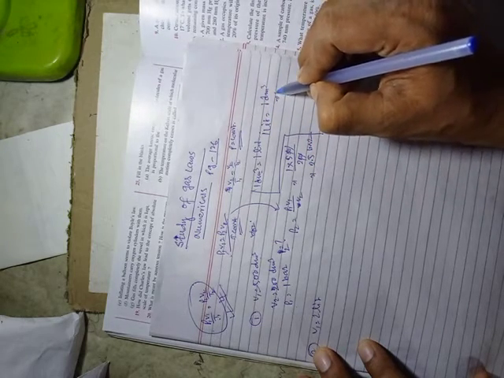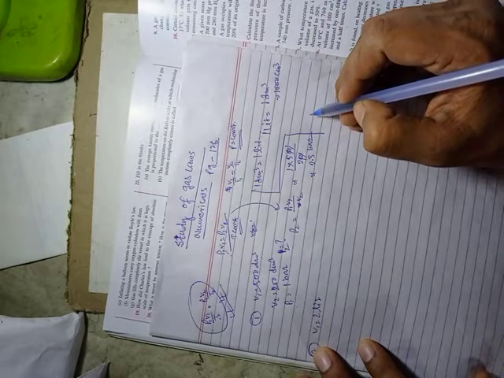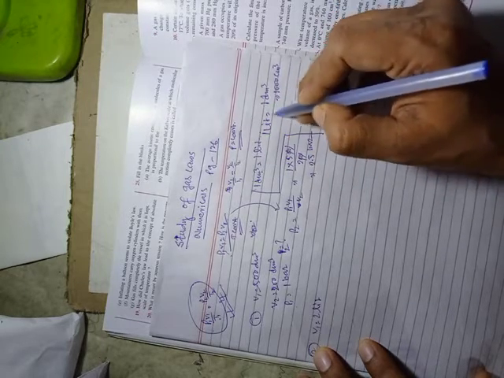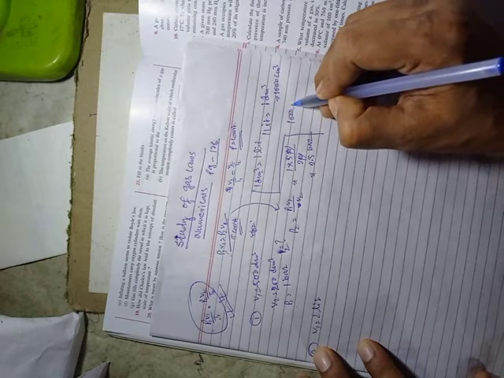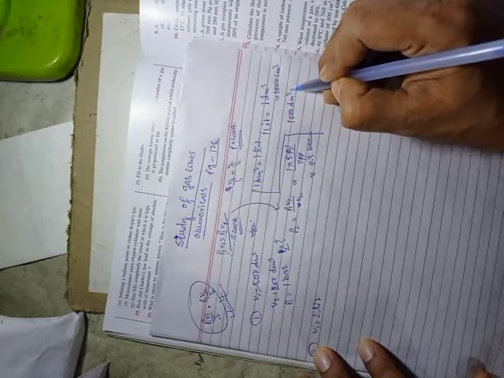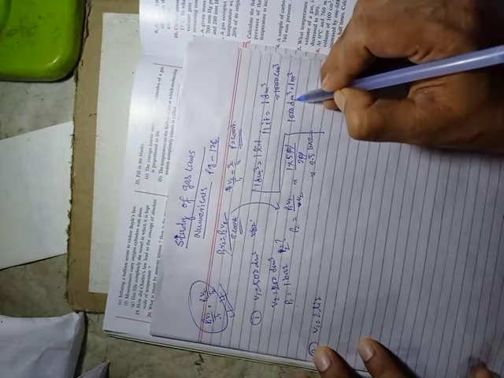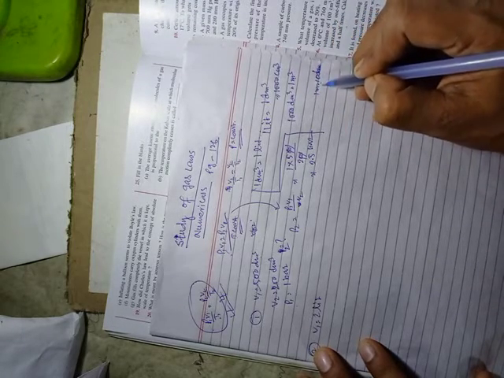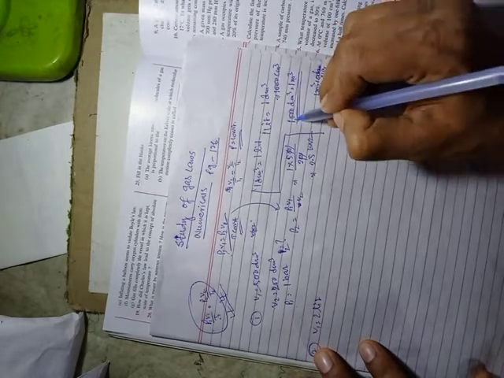1 liter is equal to 1 decimeter cube, that means 1 decimeter cube is 1000 centimeter cube. You just remember this thing. And if you convert into meter, then 1000 decimeter cube is equal to 1 meter cube, because 1 meter is equal to 10 decimeter, that means 1 meter cube is equal to 10 into 10 into 10 decimeter cube, so 1 meter cube is equal to 1000 decimeter cube.